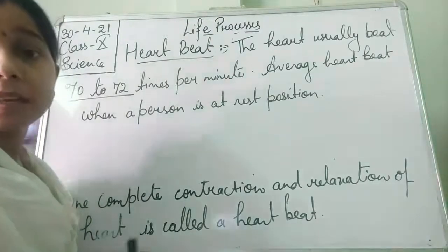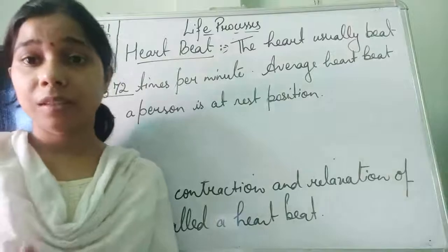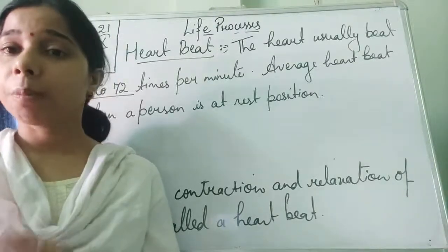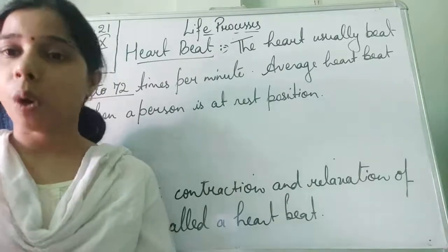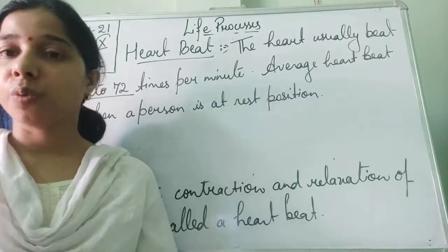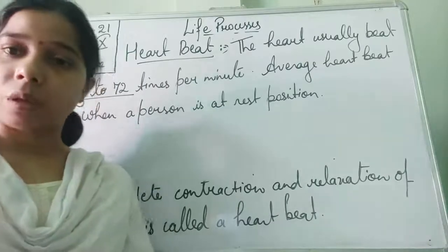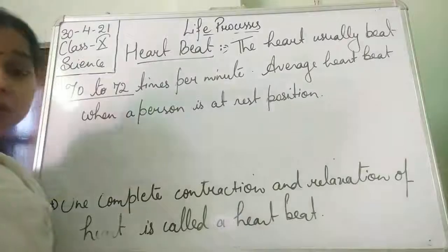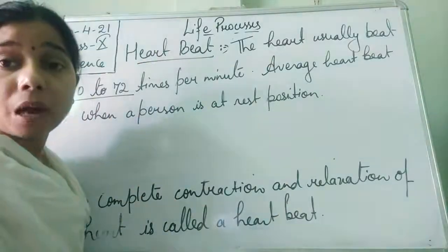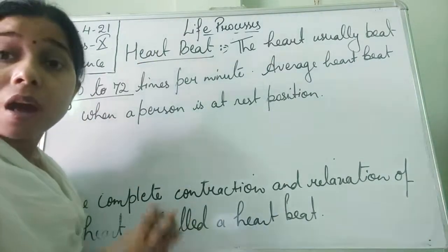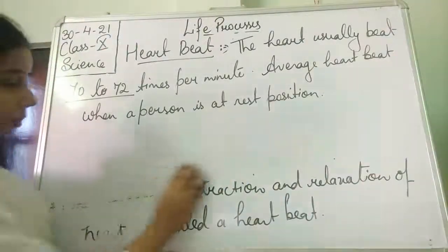The reason is that the person needs a lot of oxygen, so the heart has to pump a lot of oxygen, and due to which the heartbeat also increases. So how much will it be, students? It can be near 100 times per minute.